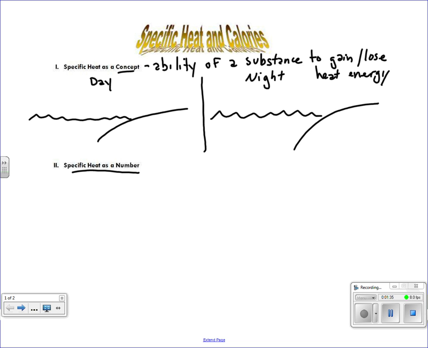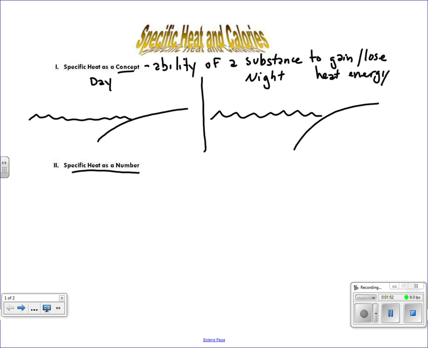And specifically, I want you to look down. You should have a little chart down at the bottom of your notes that has specific heat values of everyday substances. The substance at the very, very top is water. Water has a really high specific heat value, 1 calorie.